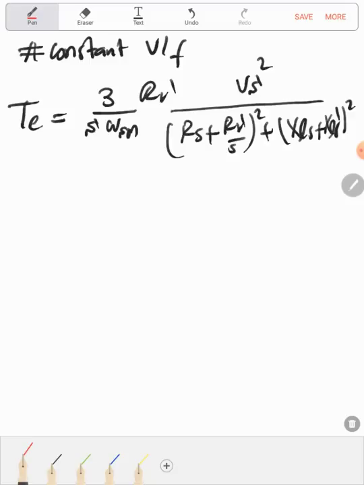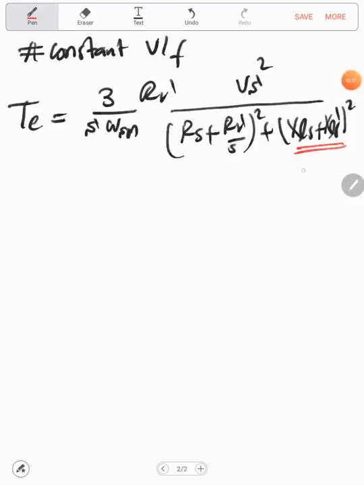Now please note that those values are calculated at the rated frequency.